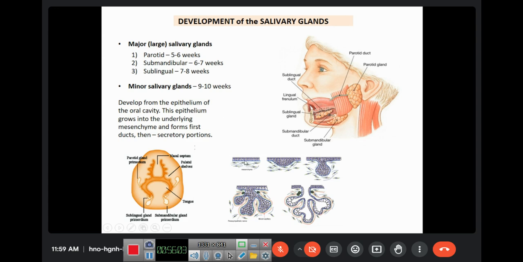So development in all cases includes the proliferation of the epithelial cells, epithelium of the oral cavity. These proliferating cells migrate downwards to the mesenchyme and form first the ducts and then the secretory portions of the glands.